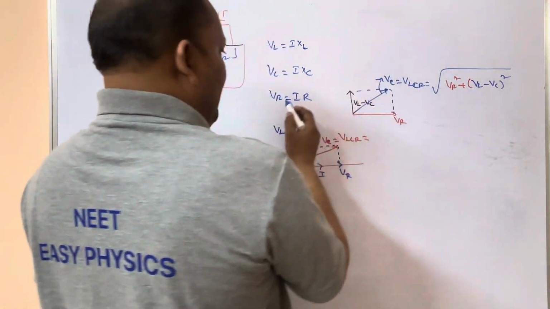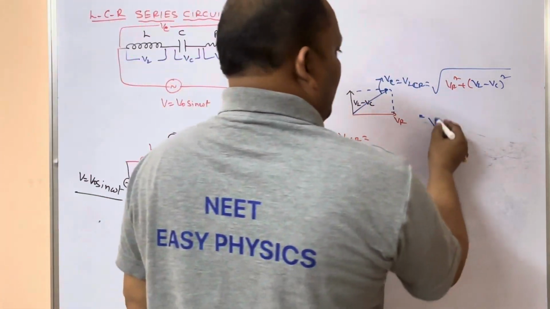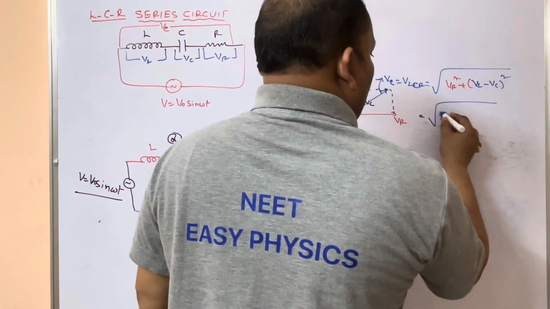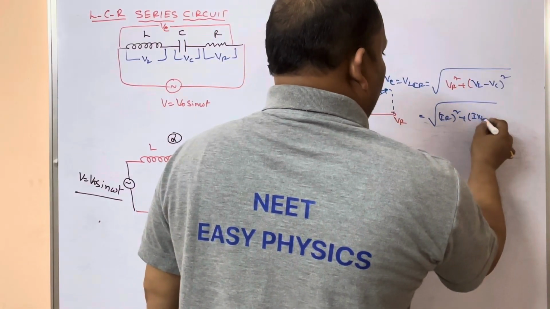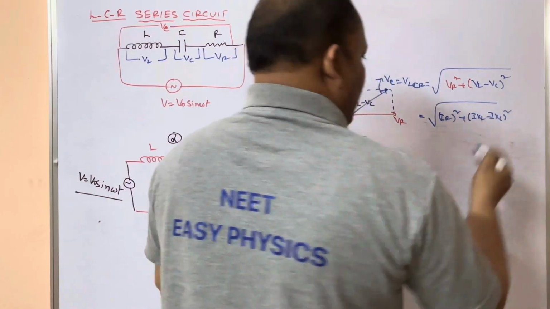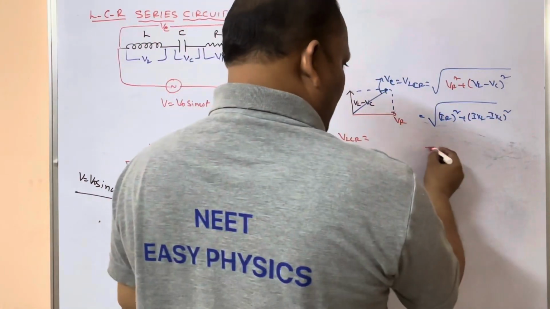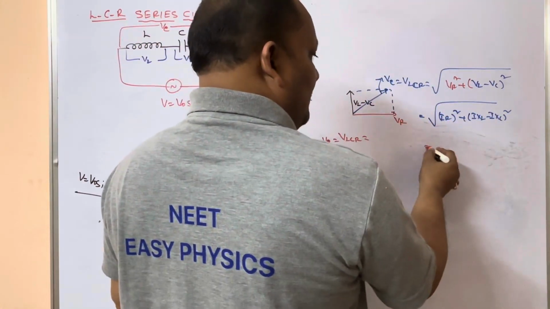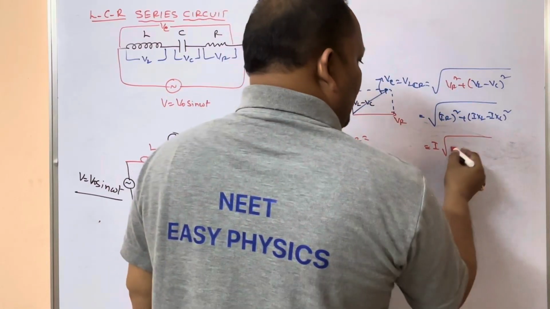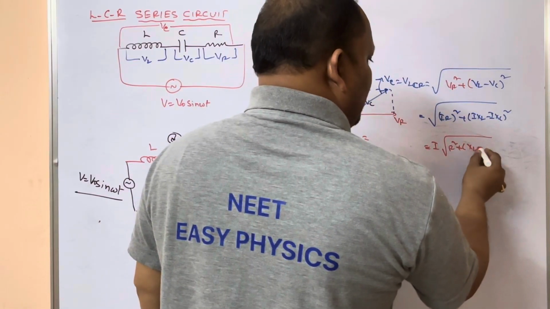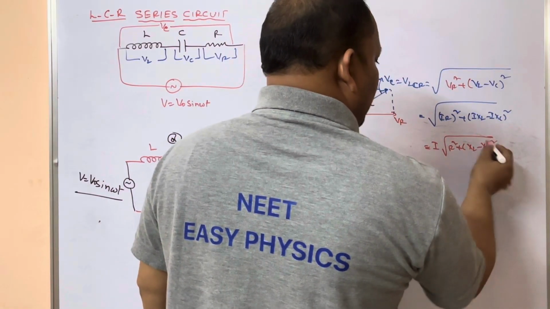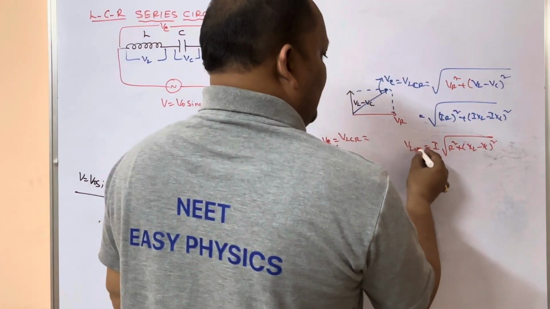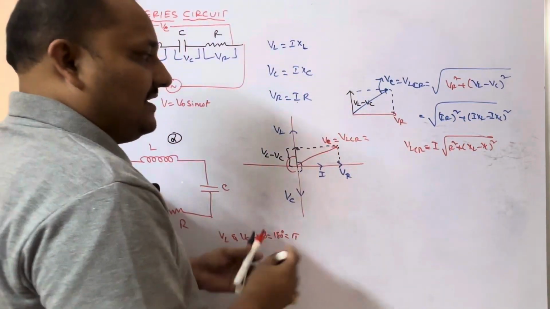Now what is VR? We have written here IR. Therefore, root of IR whole square plus IXL minus IXC whole square. If you take I square common outside of the root, it is I into root of R square plus XL minus XC whole square. This is the effective voltage across LCR.